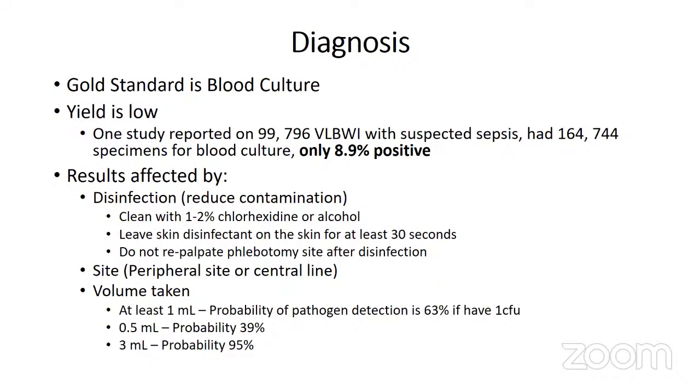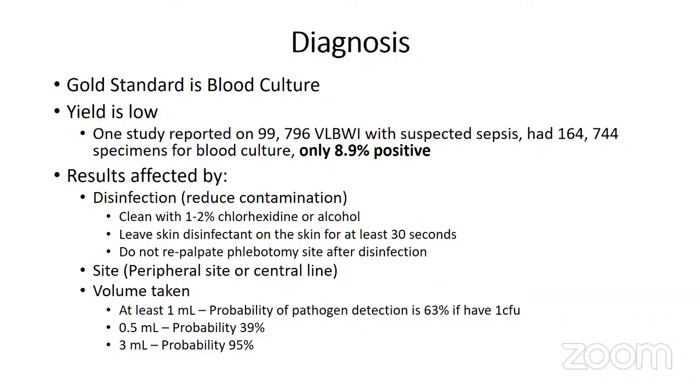The results are also affected by where you're taking your blood from. If you take from the central line, there could be a problem of contamination. But I think more importantly is how much volume you're taking for that culture. A study has shown that if you take 0.5 mils, the probability of getting a positive culture is 39%, even if there's a pathogen in that blood.